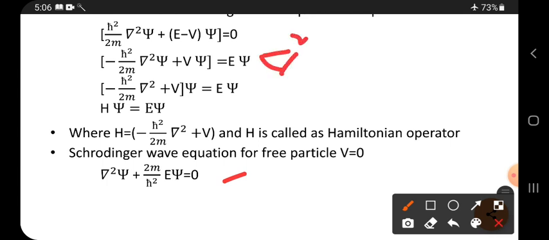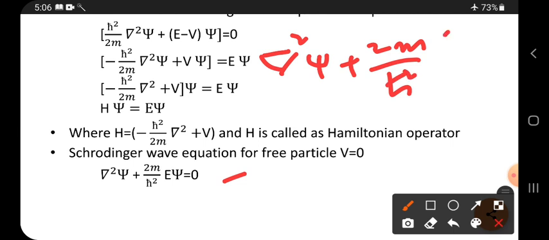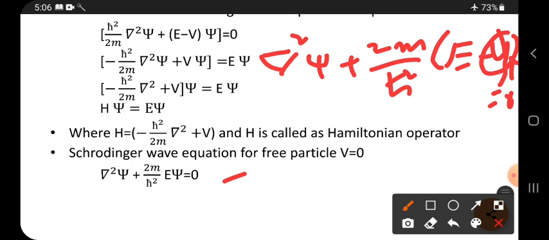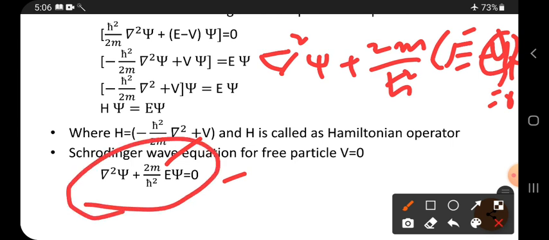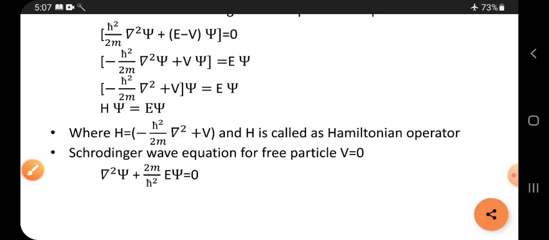In terms of h cut, del square psi plus 2m by h cut square (E minus V) into psi is equal to 0. In the place of V, if you substitute 0, then only E will be there. So that is why this equation is the Schrodinger wave equation for a free particle. Okay friends, thank you. So this is my video.